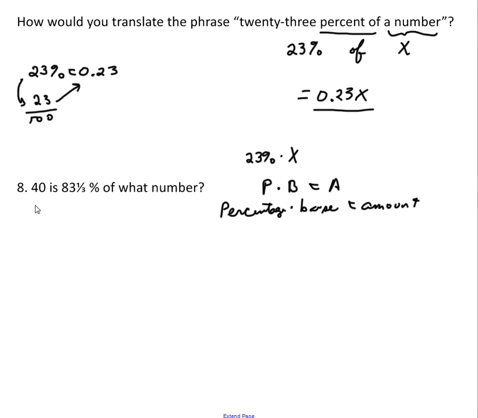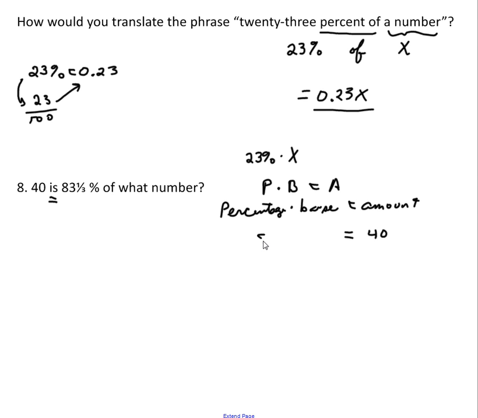In this case, what are we saying? Well, "is" is a word that means equals in math-ese, in algebra-ese. So if you're going to be speaking the language of algebra, we're saying, all right, 40 is the result of taking 83 1/3% of something. So we're taking some percentage here.